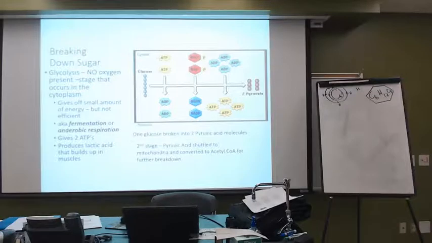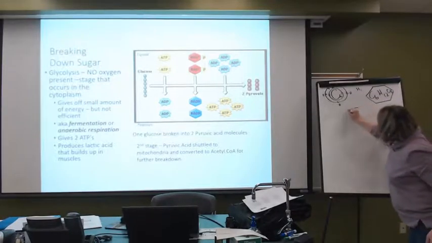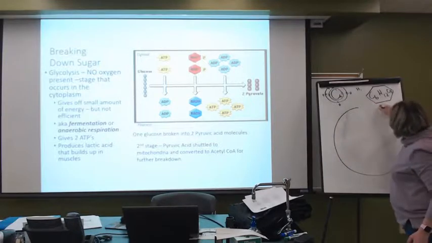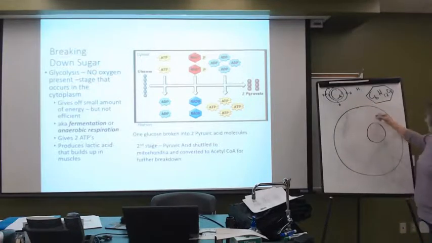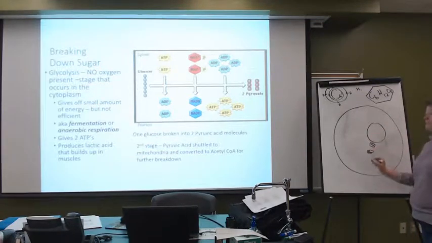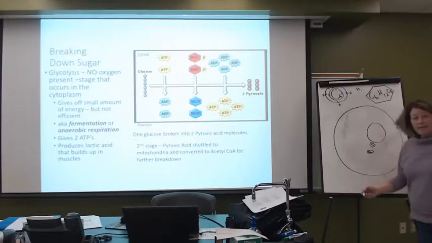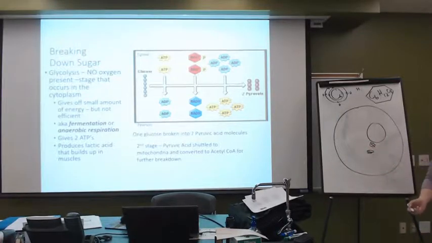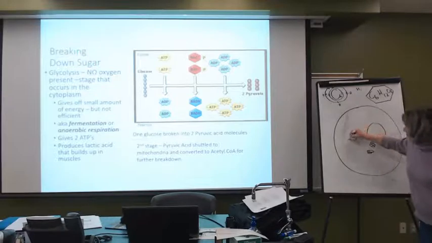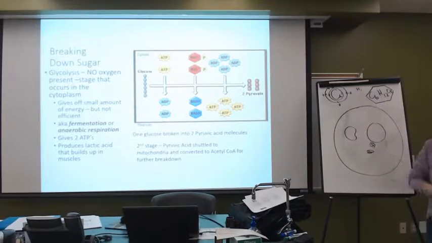When we look at that process in the cell, where we know we've got our nucleus, our endoplasmic reticulum, little Golgi apparatus, blah, blah, blah. But then within that cell, we're going to find those little kidney-shaped organelles that are our mitochondria.